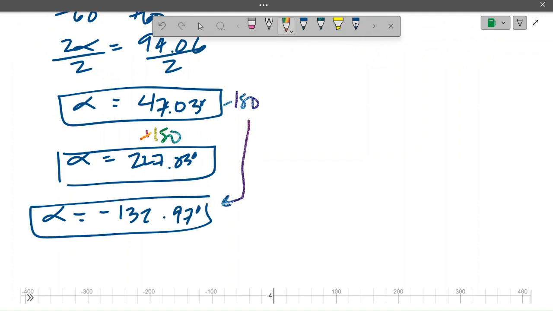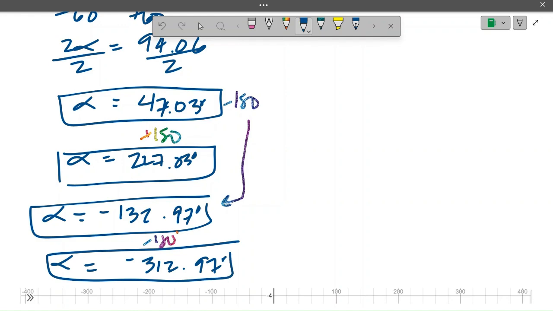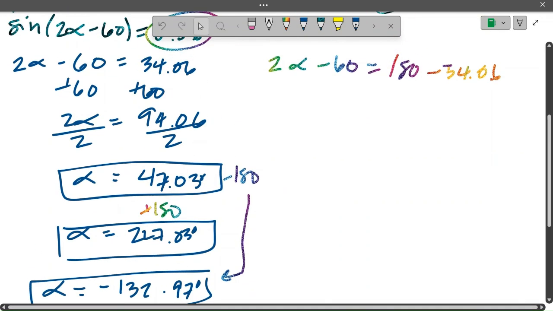And I think if I deduct 180 degrees again, I'm going to get yet another value within our domain. And that is true. I end up with negative 312.97. If you're skeptical, I would always urge you to check that your value is not outside of the domain just by doing a simple calculation. That'll save you some errors.